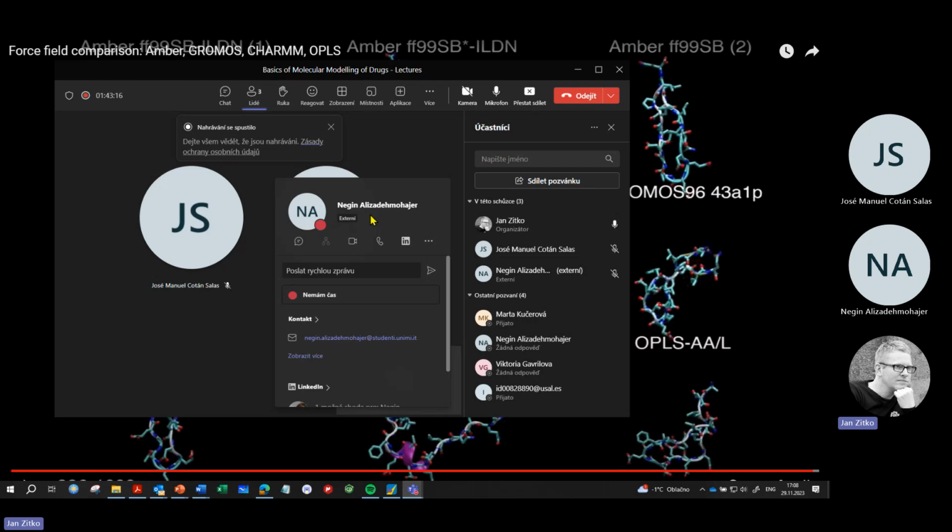Nejin is doing the open source exercises. So once you have them ready, just consult with us, and based on these you will be getting a credit, and then you can write the examination test, which is a written test in Moodle.